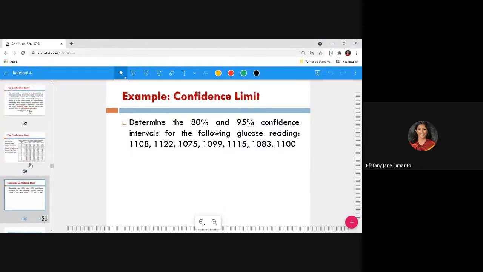So, usually confidence limit has an upper. So the answer there is an interval. So that's why we also say confidence interval. The interval meaning it's in a range.